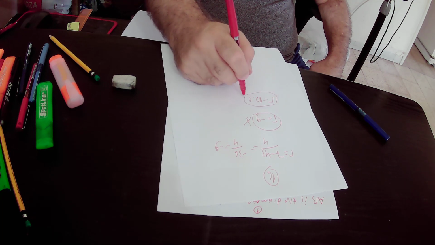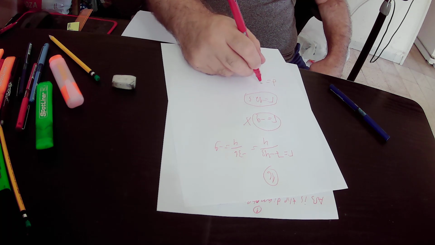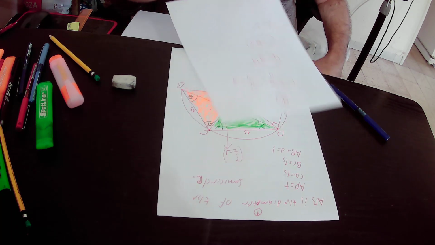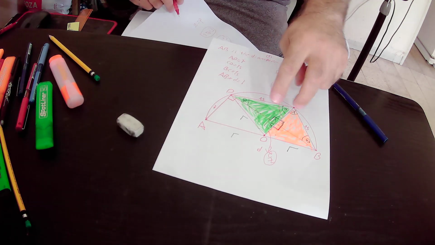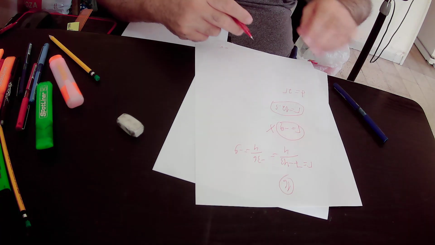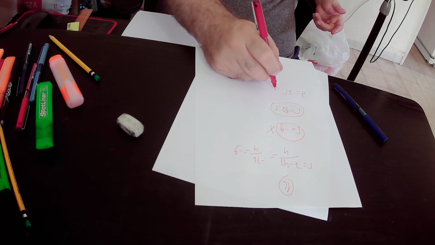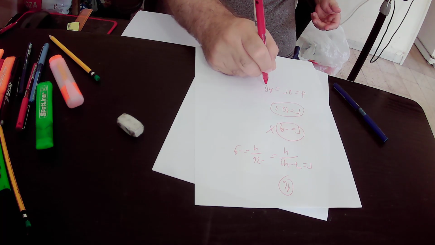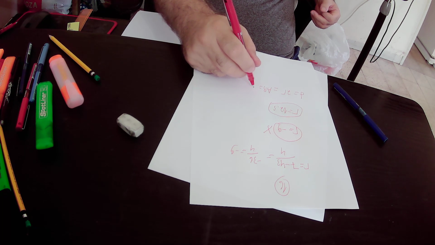We know that the diameter of any circle is 2 times the radius. As you can see here, the diameter AB equals r plus r, so 2 times r is 2 times 12.5, which is 25 units.